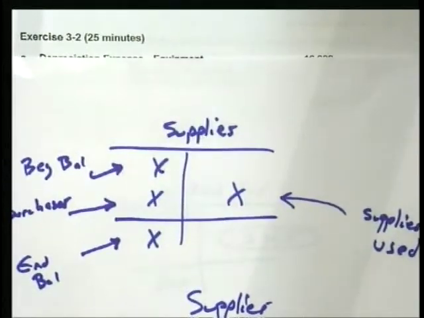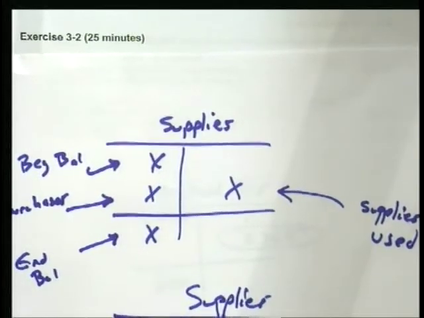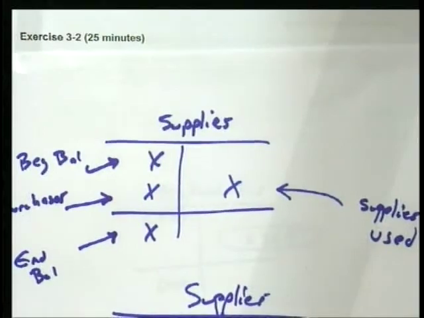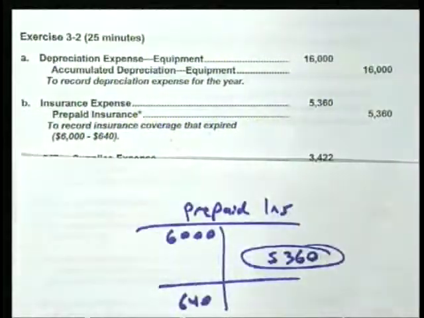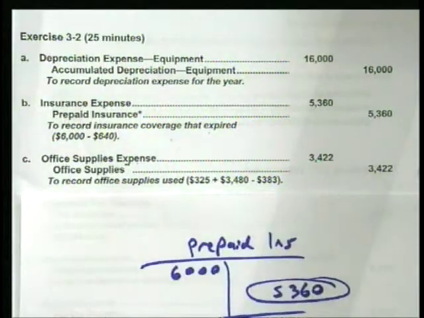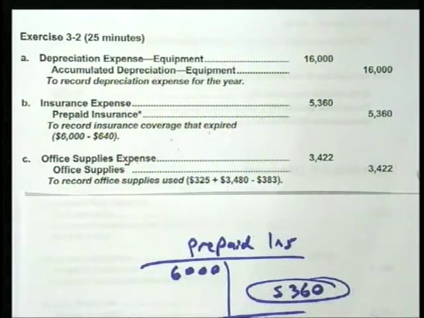We're going to put in the numbers that we know, and we're going to calculate how much was used up. Okay? What number did you get on C? 3422. Good. Okay? So we decrease office supplies and we book an expense. Okay? Any questions on that one?